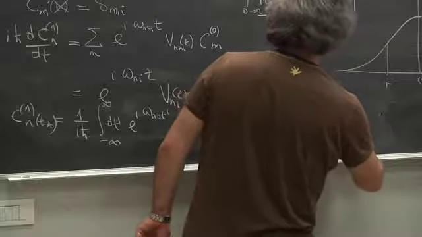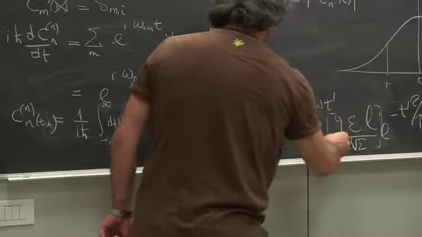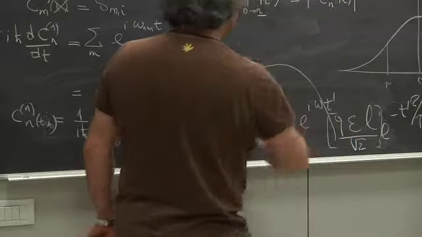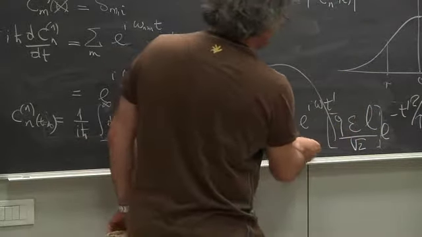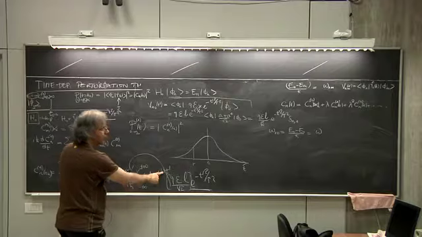I have q epsilon L over square root of 2 and e to the minus t prime squared over tau squared. So this is just a constant that I can put out of the integral. The only thing that I have to integrate is this Gaussian term, okay, a Fourier transform.